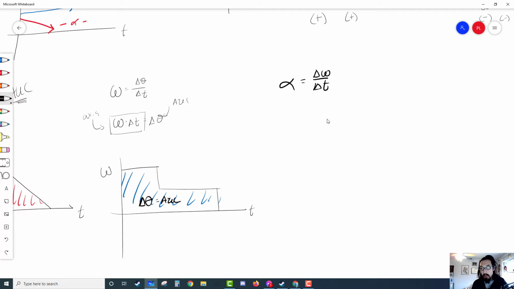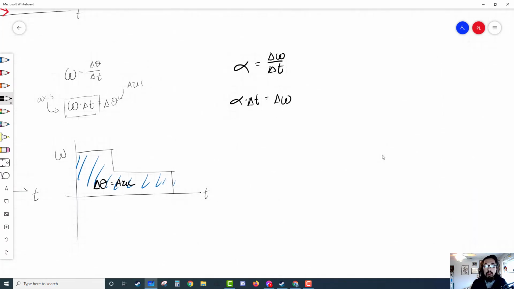If I'm multiplying the variables, I have alpha times delta t, and remember alpha means acceleration, is equal to the change in omega, also known as the velocity. And same strategy: these are the two variables that I'm multiplying. Therefore, these are my axes, and this is the product. Therefore, this is my area under the curve.